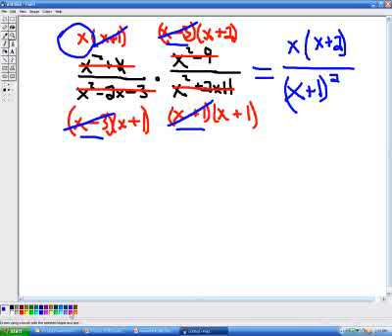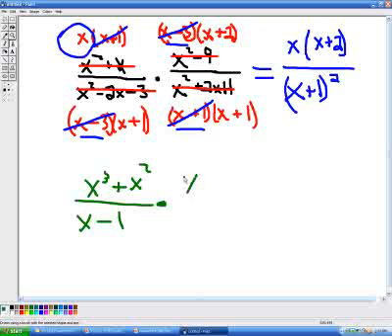Let's look at another one real quick. Let's say we have, let's get another color. Make it a little bit interesting there. We have x cubed plus x squared over x minus 1 times, again, we'll just keep it real simple here, x squared minus 1 over x cubed.